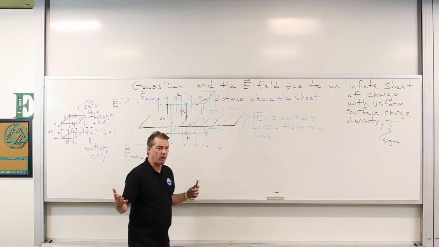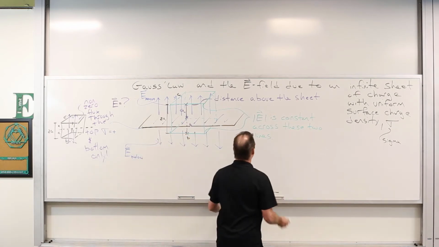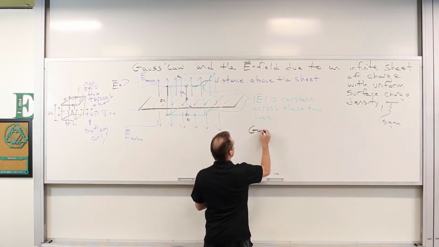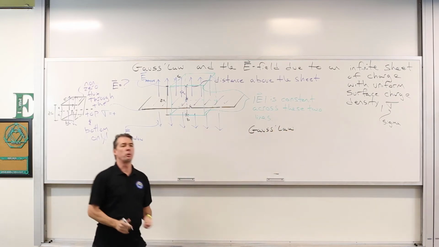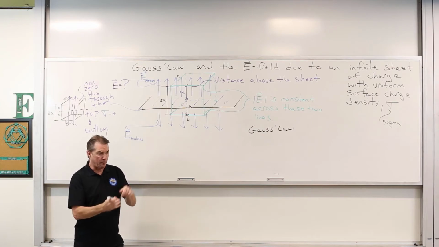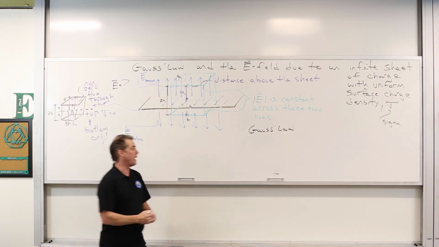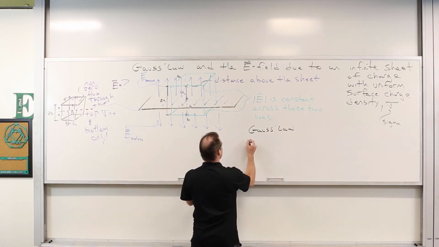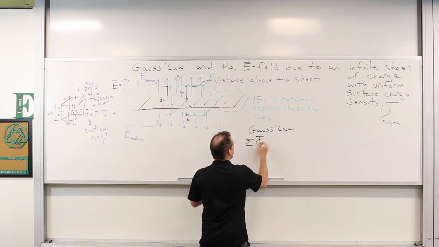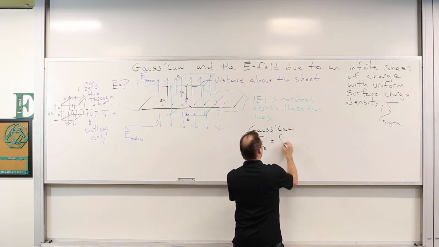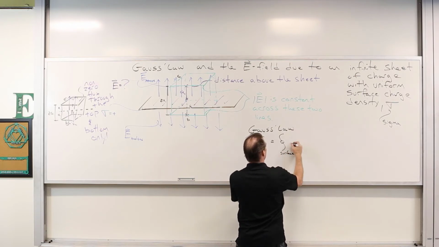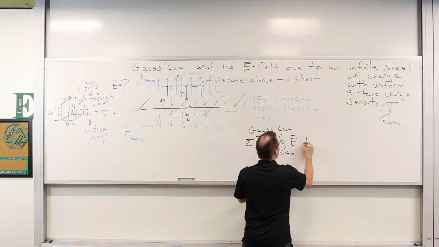So now we go ahead and start applying Gauss's law. So Gauss's law, again, says that the net flux through any closed surface is proportional to the charge enclosed by that surface. And what is that? Well, the net electric field flux through a closed surface is equal to the closed integral over the surface of E dot dA.